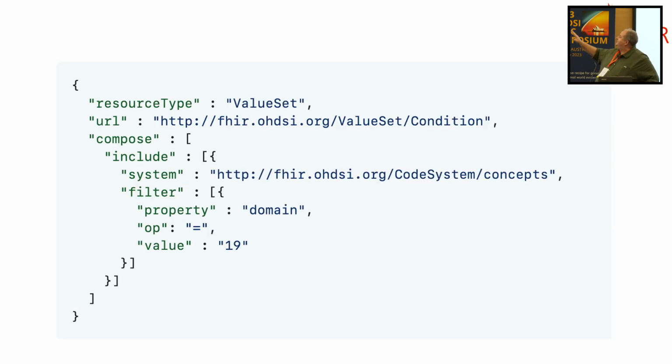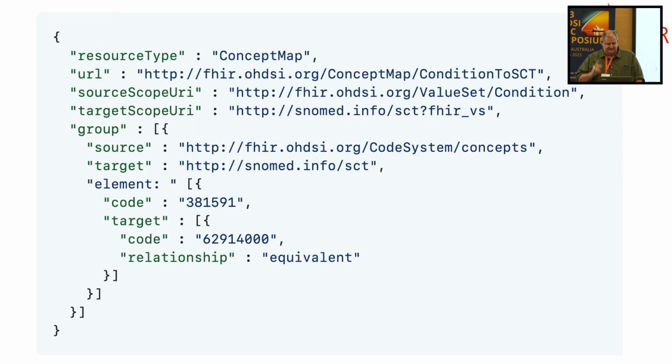And then there's a value set where we say, well, all the concepts with a domain of 19 are in the value set condition, all the condition concept IDs. And then there's the important ones, the maps. So this is a concept map that says we're going to go from condition to SNOMED CT.